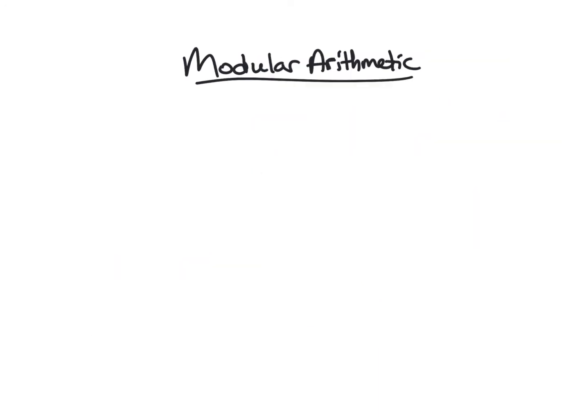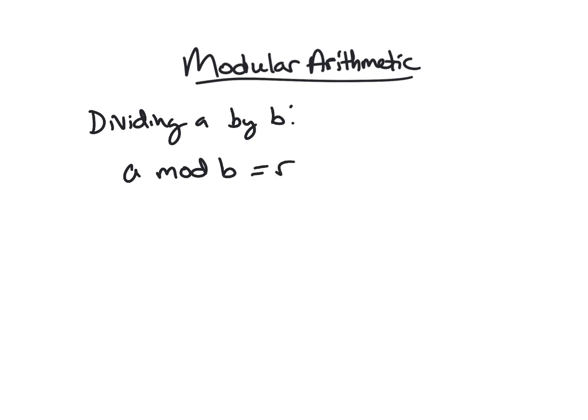So I keep writing this thing, modular arithmetic. What does it mean? Well, you already have all of your knowledge. In the case where we're dividing a by b, like we've been doing before, we use the symbol mod. We say a mod b is equal to r to mean this is the same thing as a is equal to bq plus r.